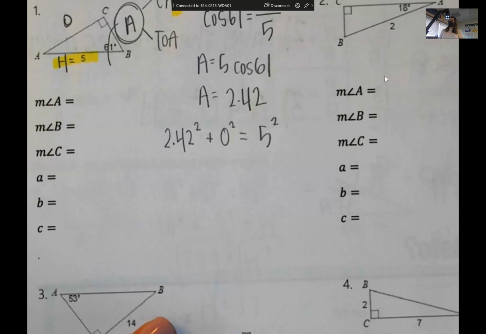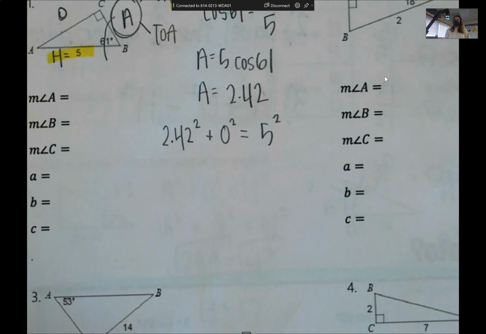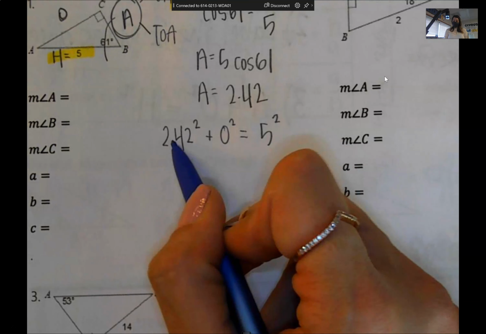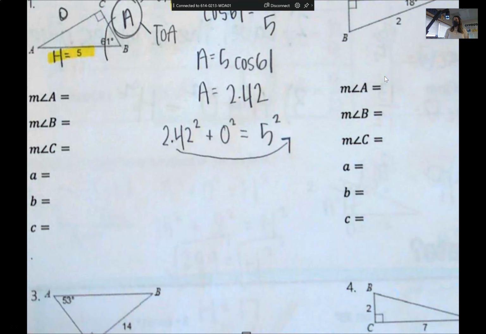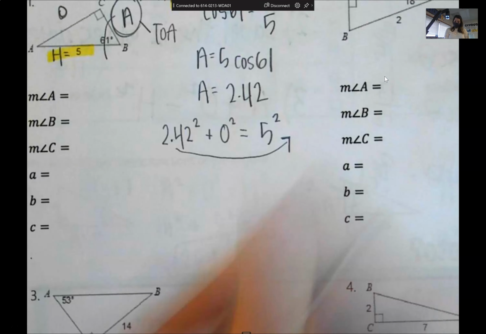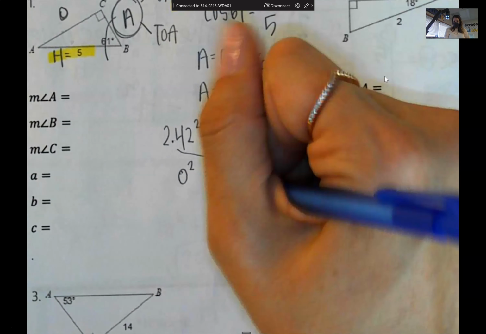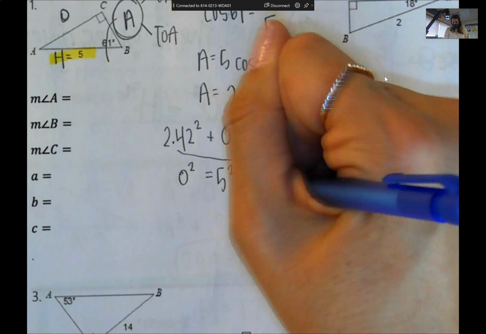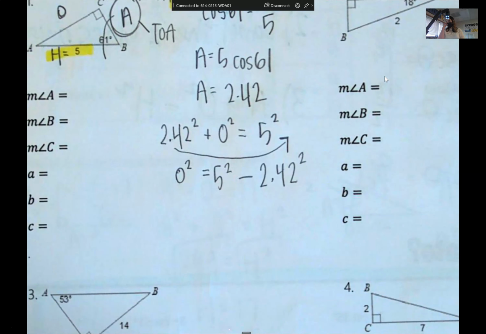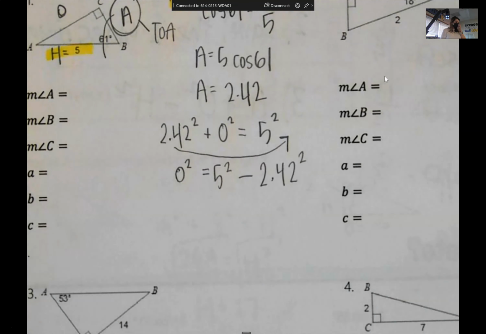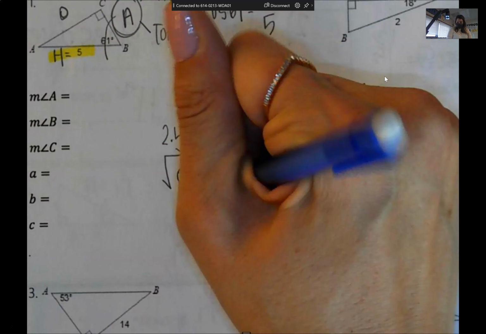So this one looks slightly different than the last one. Well, we need to move this 2.42 to the other side so that we can solve for opposite. So this would be opposite squared equals 5 squared minus 2.42 squared. And now it looks like our last one, and all we have to do is root.